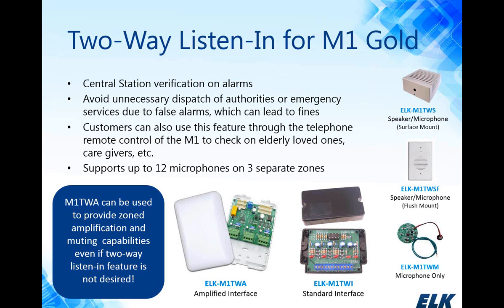This is a great idea if you have a multi-level home, for instance, and the upper level may be the sleeping area, and you want to mute those speakers during certain hours of the day. If the baby's sleeping or somebody who works evenings may be sleeping, you don't want the normal spoken activity of the M1 system to disturb them. So you can mute certain zones of speakers.